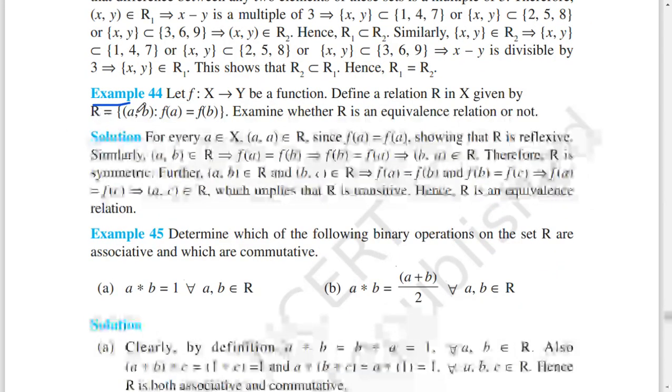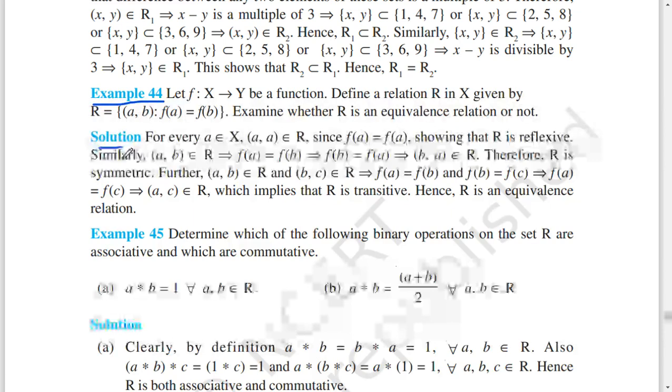Example 44. Let f: X to Y be a function. Define a relation R in X given by R = {(a, b): f(a) = f(b)}. Examine whether R is an equivalence relation or not. Solution. For every a belongs to X, (a, a) belongs to R, since f(a) = f(a), showing that R is reflexive.